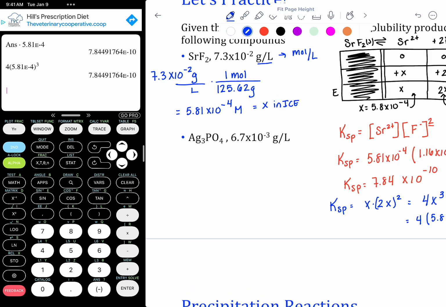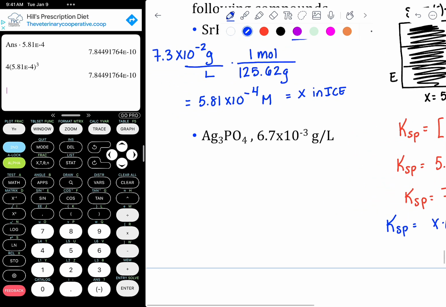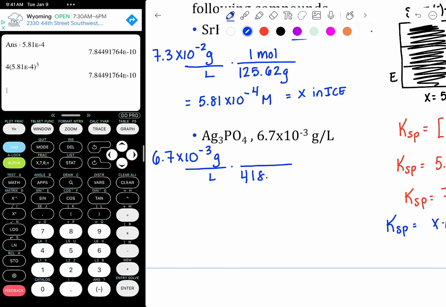The first step in this problem is taking that solubility and converting it from grams per liter to moles per liter. So we have 6.7 times 10 to the minus 3 grams per liter. And we are going to divide that by the molar mass, 418.58 grams per 1 mole.